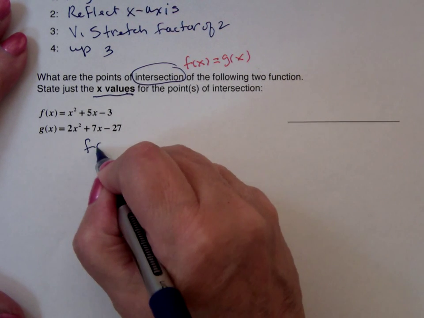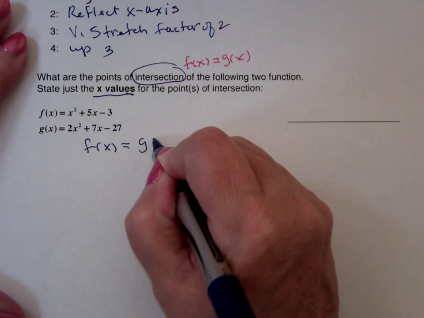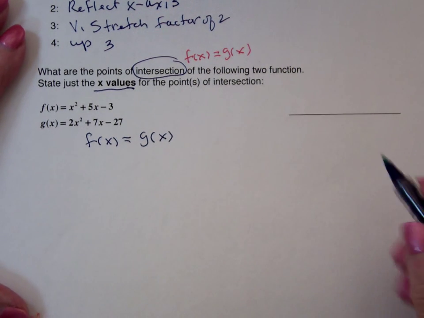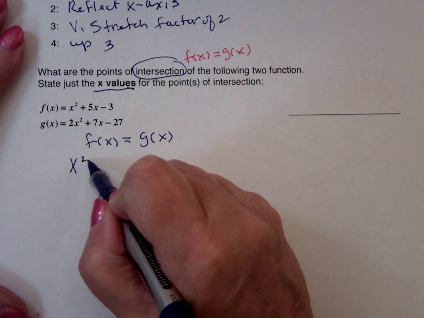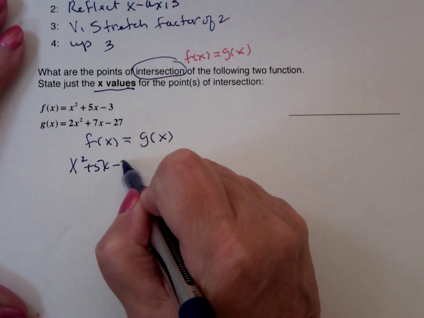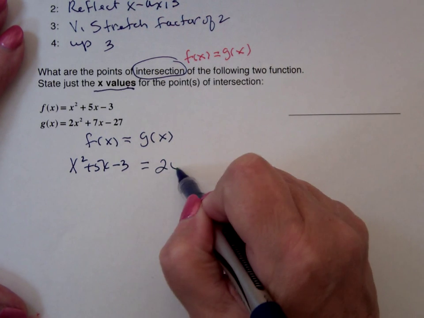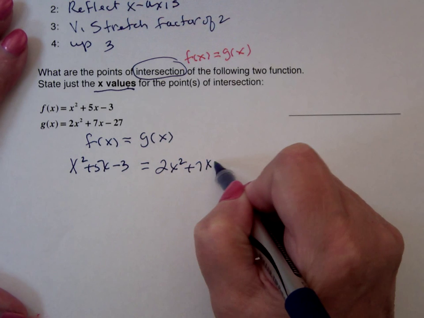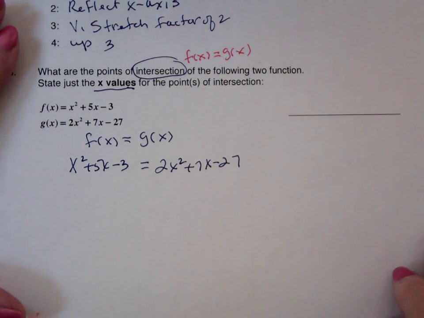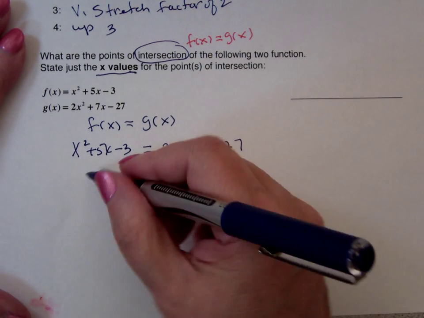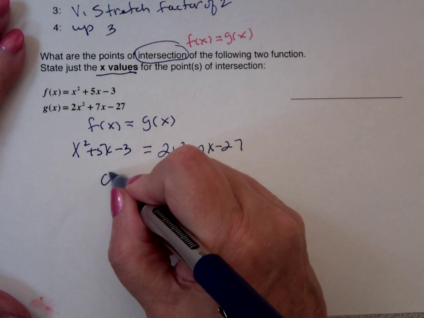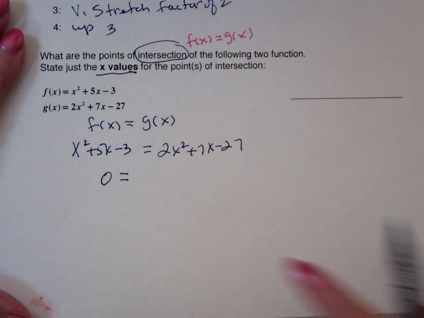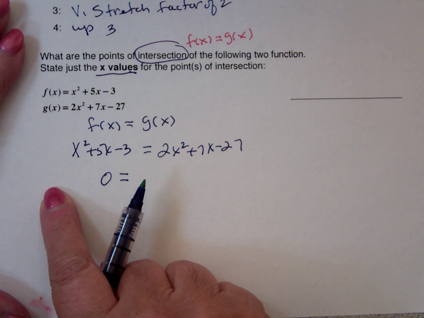Or if f of x equals g of x, that's the points of intersection, I'd have that x squared plus 5x minus 3 equals 2x squared plus 7x minus 27. Bring everything to the same side, 0 on the other. I'm going to take everything to the right, because if I brought everything to the left, I'd have a negative x squared.